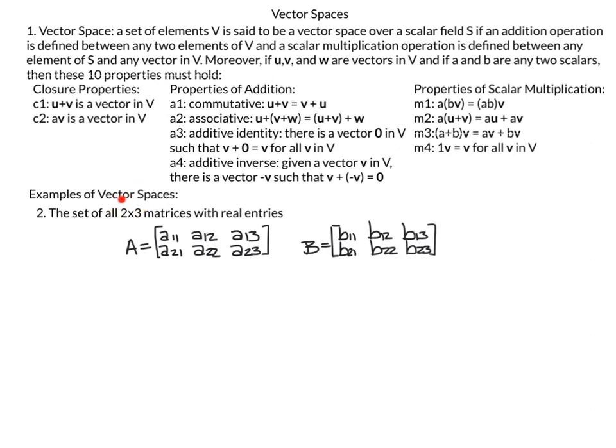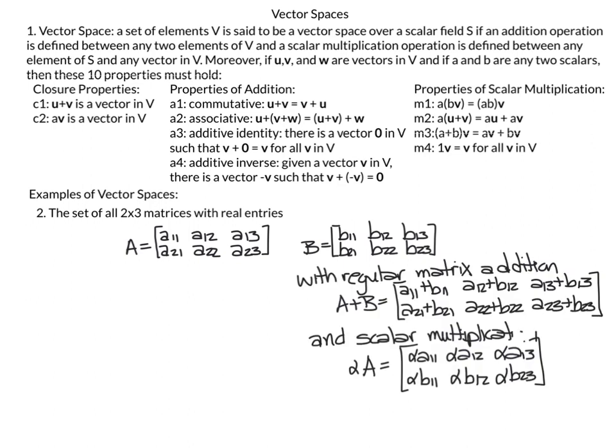Another example of a vector space is the 2x3 matrices with real entries. So I wrote two representative 2x3 matrices, A and B. Now to show that the set of all 2x3 matrices is a vector space along with the regular matrix addition and scalar multiplication, I need to show that these 10 properties hold.